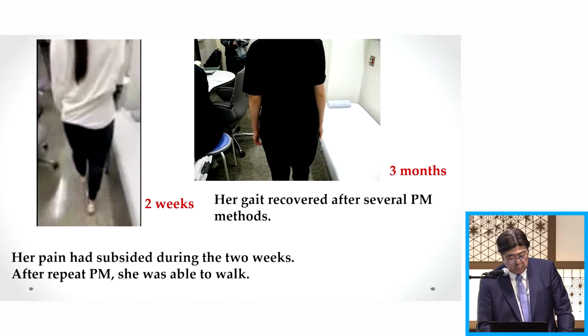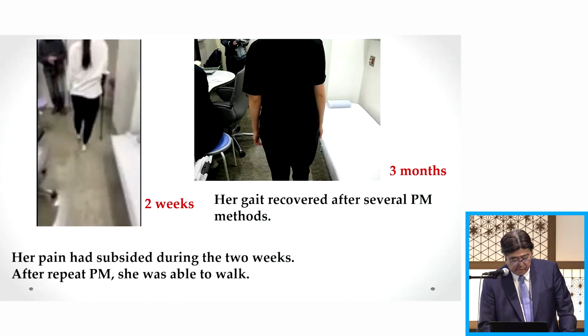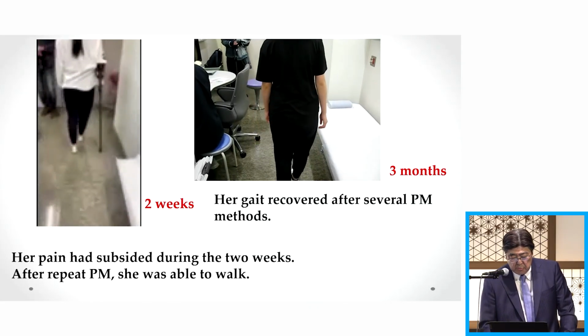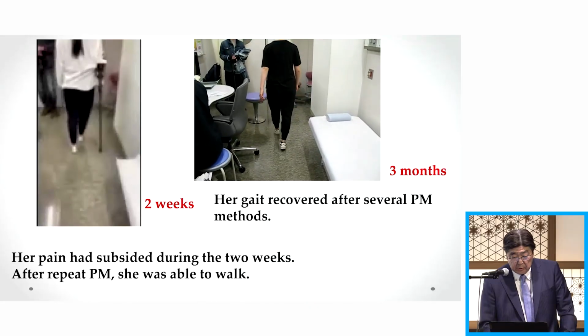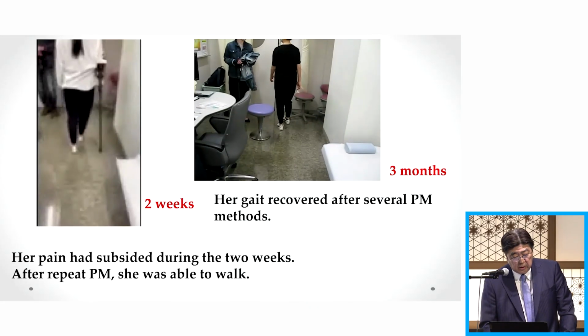After repeated mobilization, she was able to walk without a cane. 3 months after first coming, she could walk without a cane. Her pain subsided within 2 weeks with repeated pelvic mobilization program.